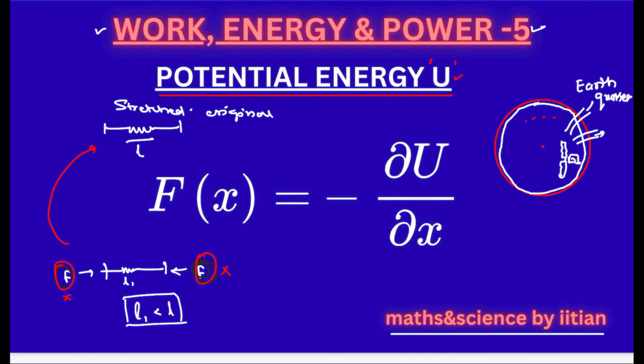Similarly, there are many physical systems where we can define the potential energy, the potential of that particular system. We already know what the kinetic energy is. Now we will go further into how this equation has come.